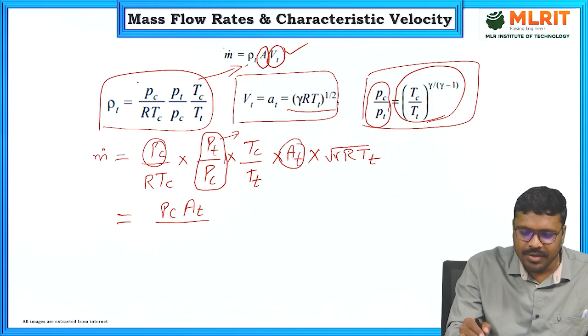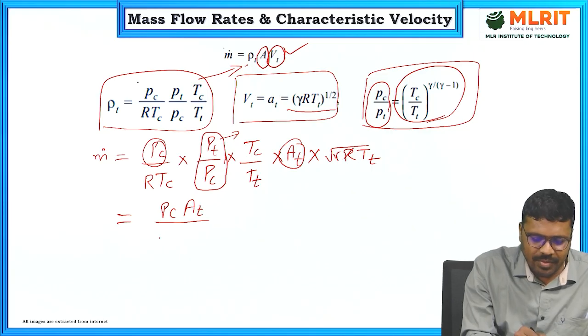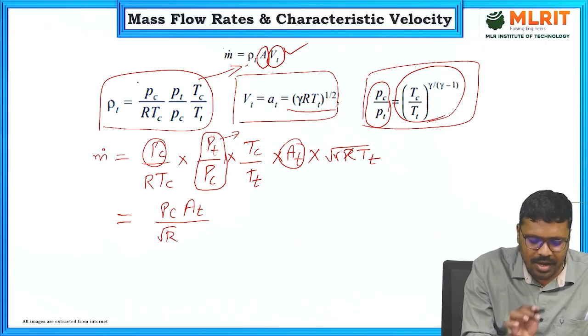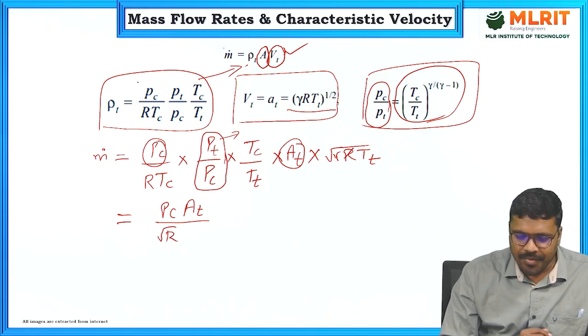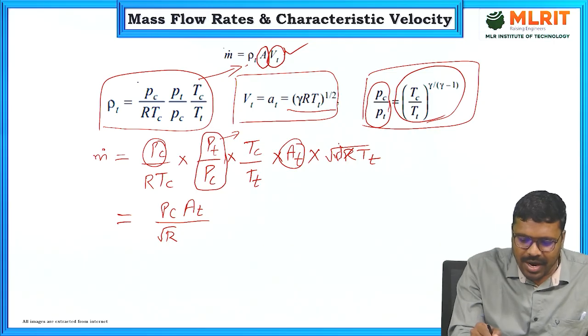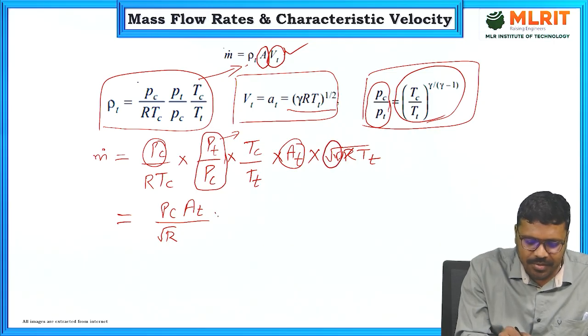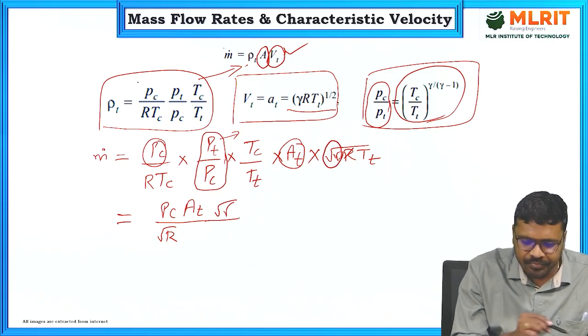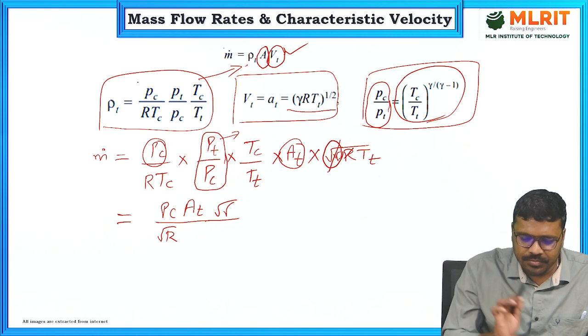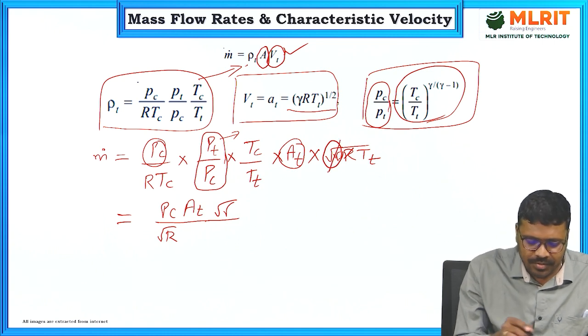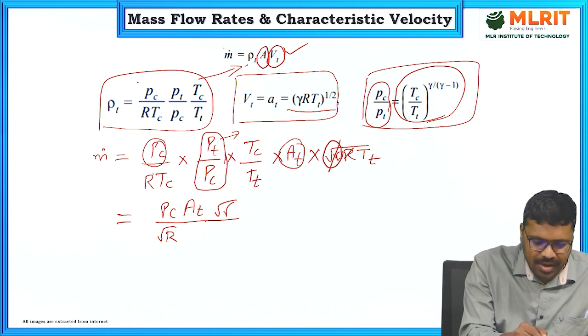So if I cut this, then it will become under root r. Next, here you have under root gamma. I want to write this under root gamma here, this is also over, and next this r I have written.